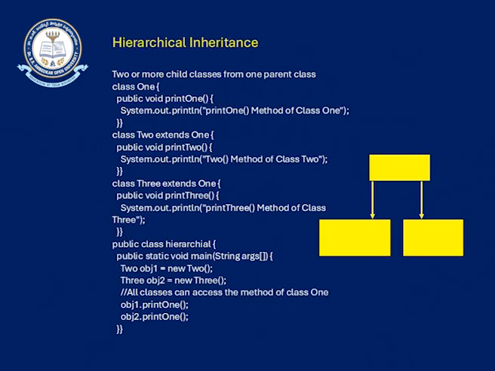One parent, more than one child, which are inheriting properties of the parent. In the example on the side of this slide, ONE1 is the parent class, the above box, which I am extending into 2 and 3. 2 is the new class created which extends ONE1. 3 is also a new class which is extending the properties of ONE1.